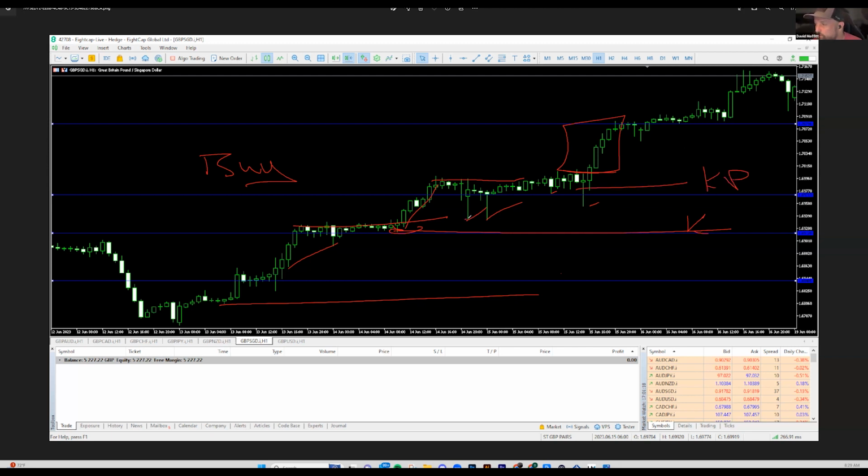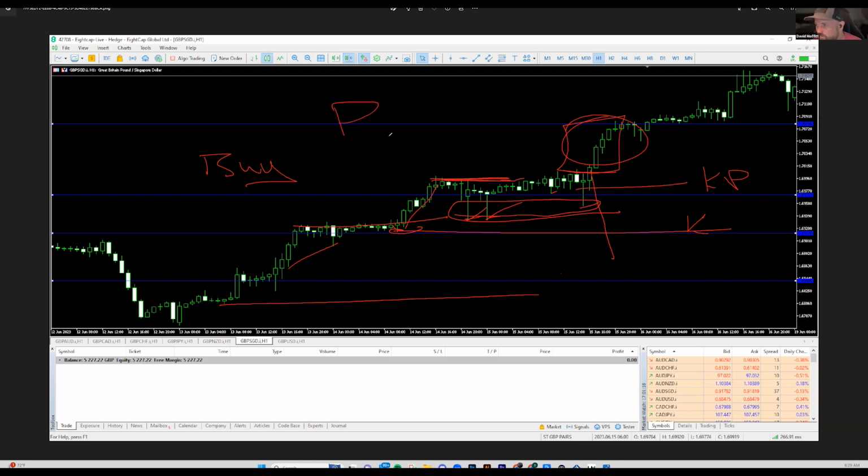So if you got into buys right here, and it didn't break, it just failed to break, and it comes down to here and it crosses this, well, it's a lot easier to fix your buys here than if you were to buy at the top of this.